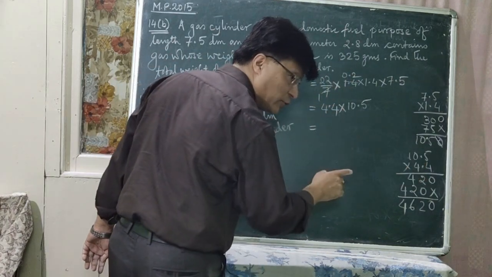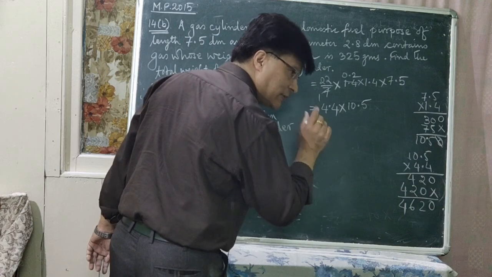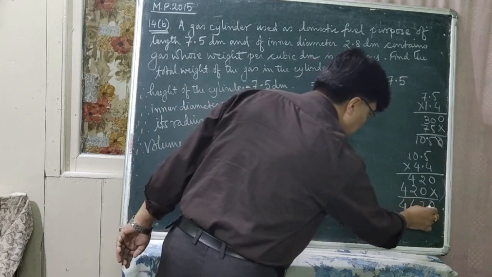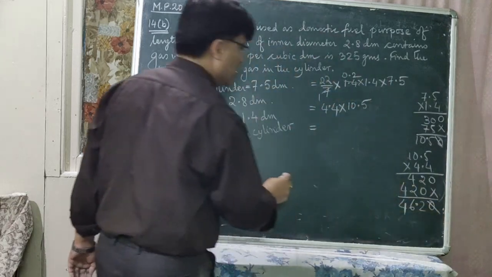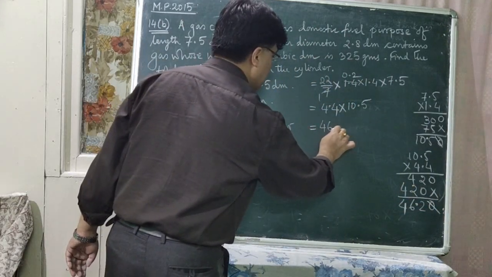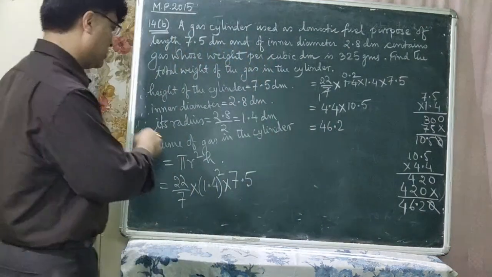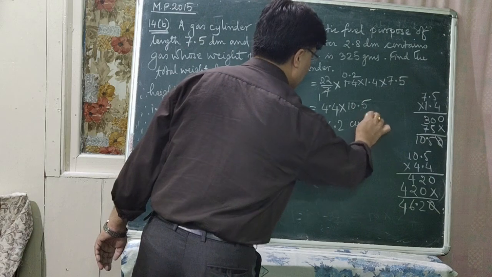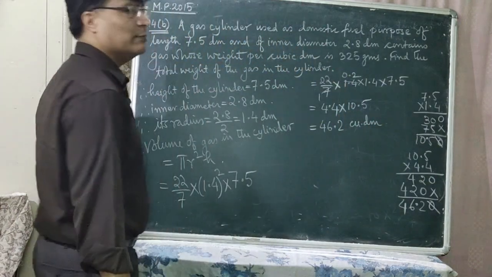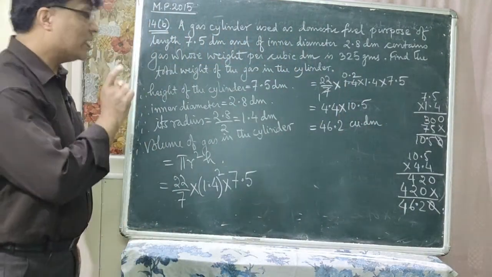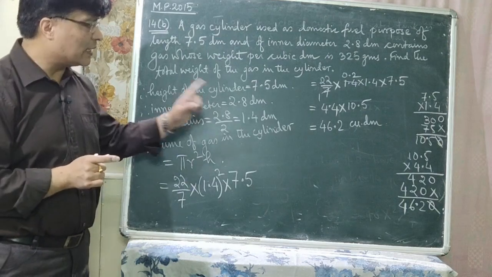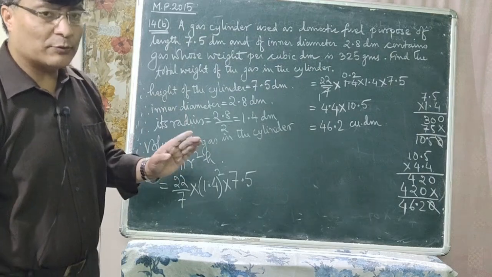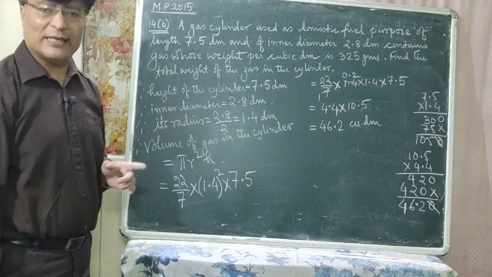So 1 plus 1 is 2. So you have to write down decimal point before two figures from the end. Which is equal to 46.2. What is the unit? This is the volume of gas in the cylinder. That is cubic decimeter. What is the volume of gas in the cylinder? That is 46.2 cubic decimeter. Now you have to find out the weight of the gas in the cylinder.